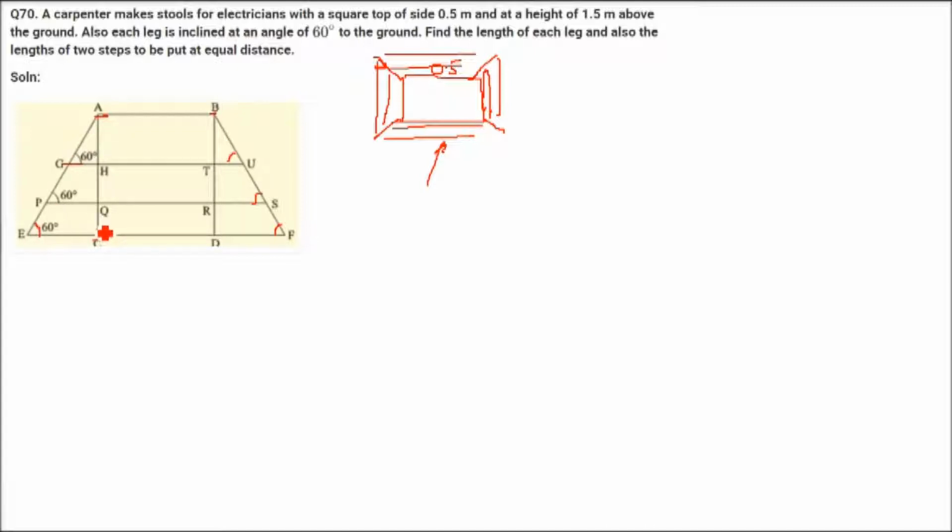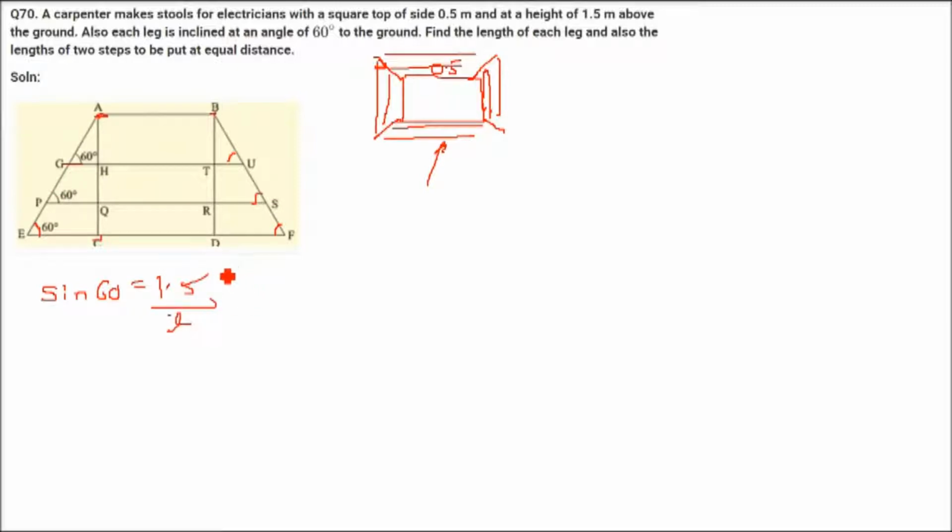Now, in order to find out this side, because this is 1.5, this is 1.5, right? So this is perpendicular and this is hypotenuse. So I can write sine 60 as this 1.5, this height is 1.5, right? By hypotenuse, that is AE.